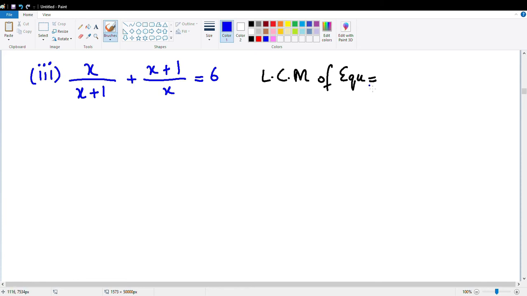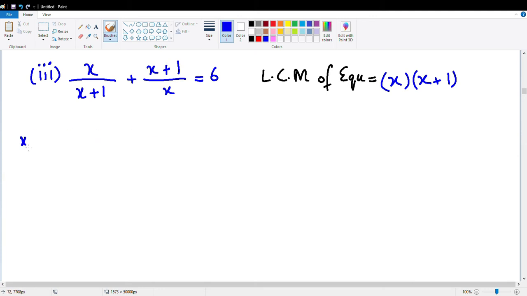But we're going to write x first because it's a single term. So we're going to get x into x plus 1. So there we have it. That's the LCM. And we're going to multiply this LCM with everything, or everything with this LCM, whichever way you want to call it.